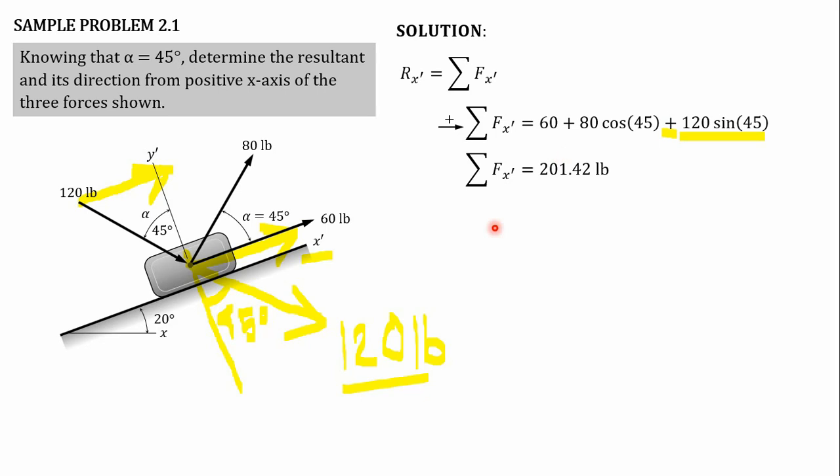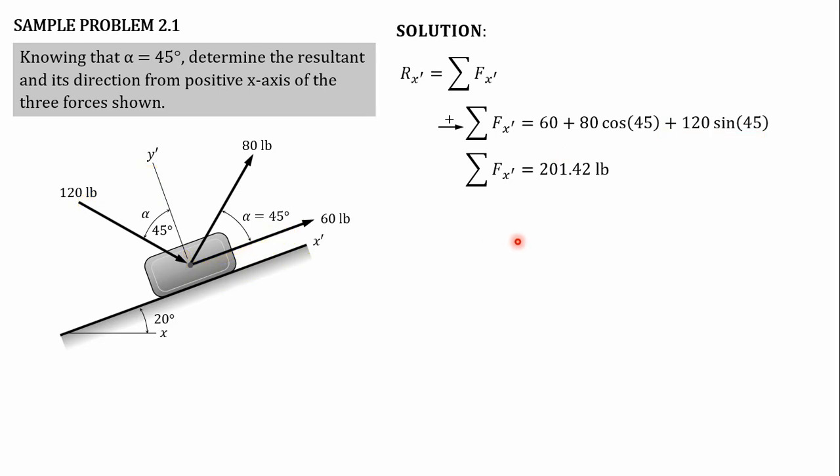Okay? Gets nyo? So, ang next natin kunin yung Ry prime. Ry prime is the summation of Fy prime, or the summation of all vertical components with respect to y prime. And then we assume that going upward is positive.